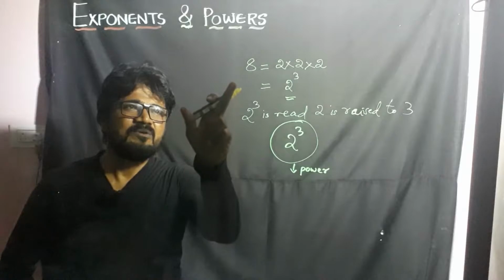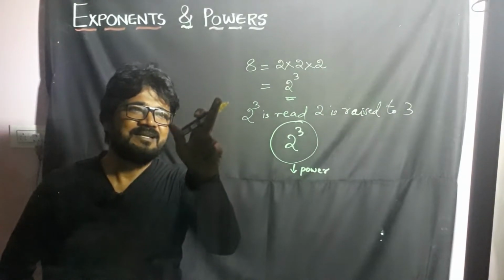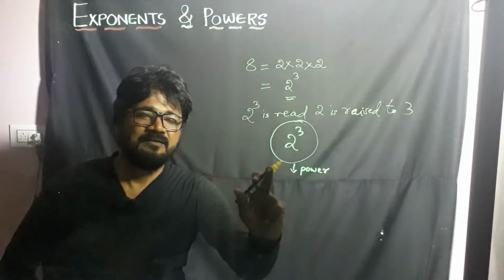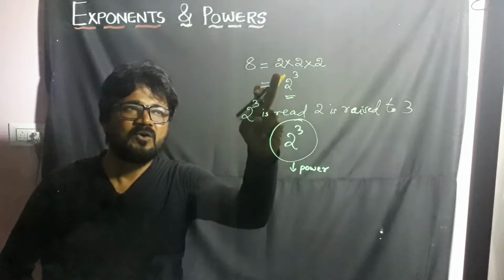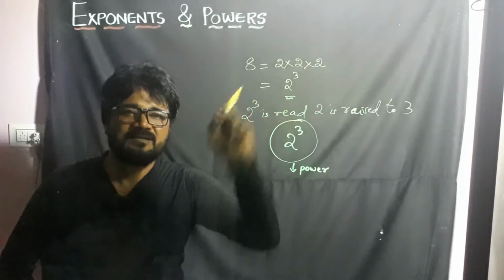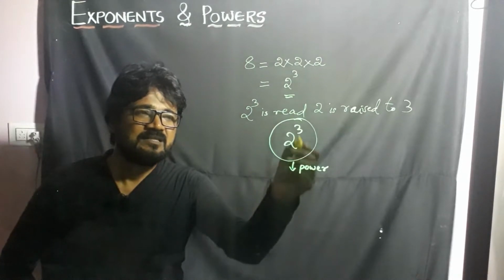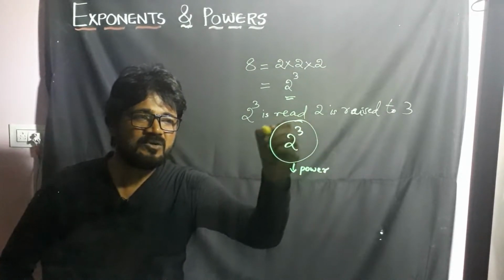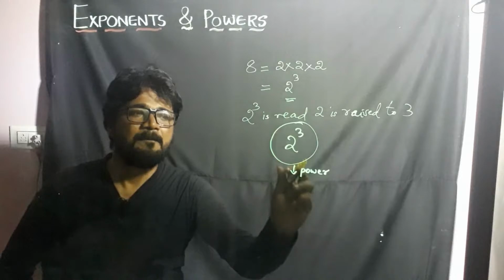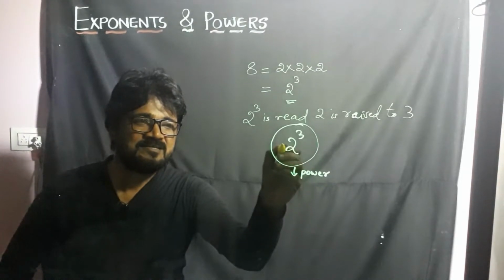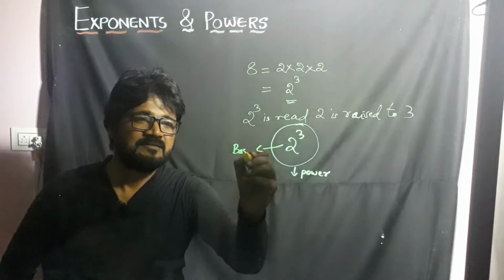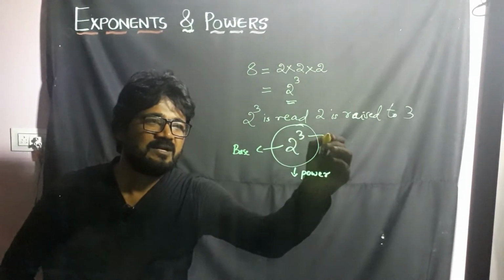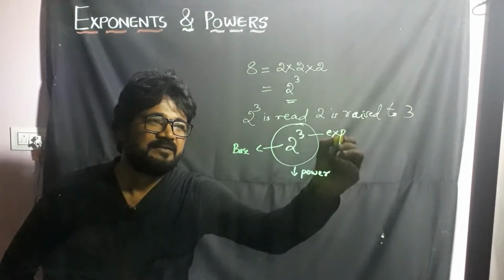Any product can be written as a power. The power is nothing but a product of repeated factors. So here this total 2 to the power of 3 is called power, whereas 2 is called the base and 3 is called the exponent.